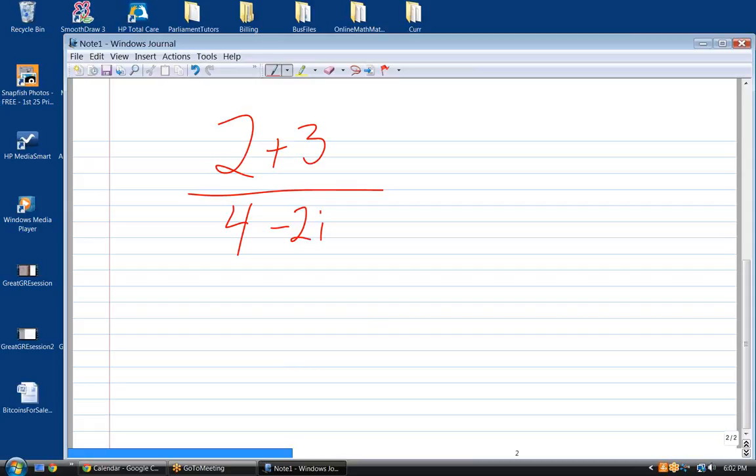So we have to do it by the opposite of this denominator. This is not really a division problem. I'm going to multiply it by the conjugate over the conjugate. So what's the conjugate of 4 minus 2i? It is 4 plus 2i.